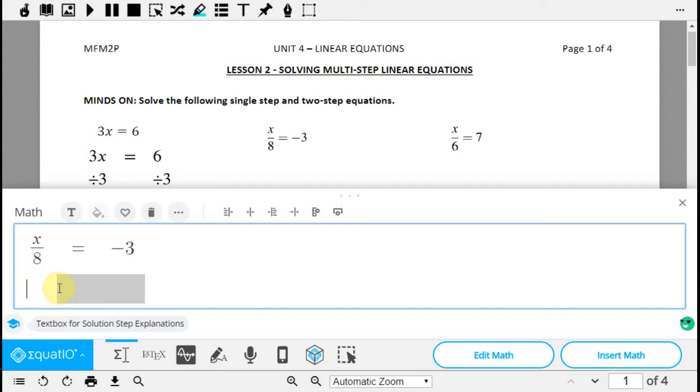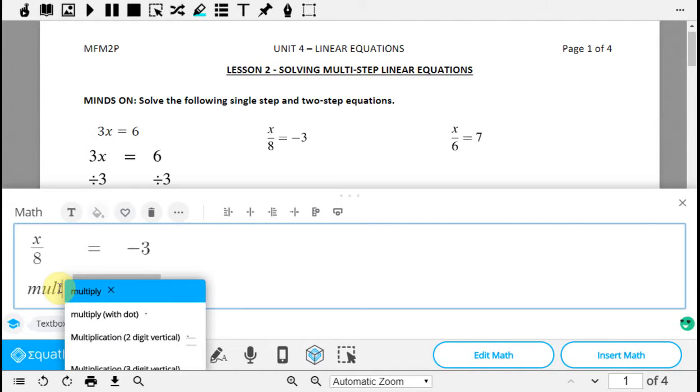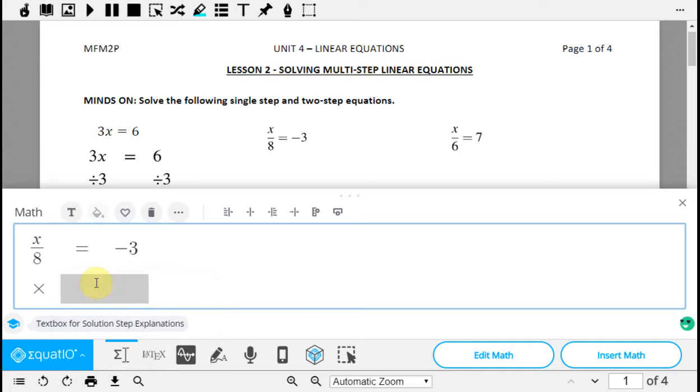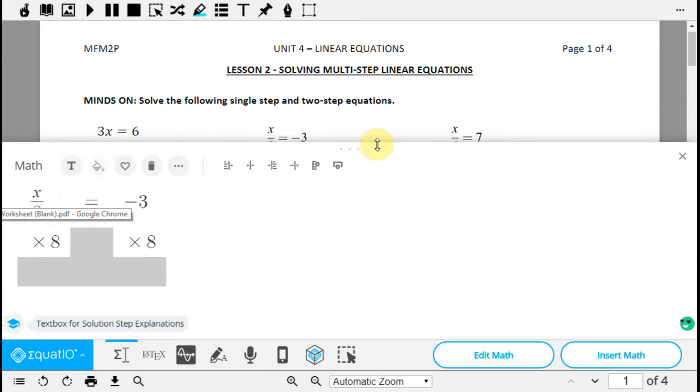Now, when I'm dividing by 8, the opposite is to multiply. Again, I'm trying to get 1x, so start typing multiply to get a multiplication symbol. So we're going to multiply by 8 on both sides. Control C, copy, Control V, paste. If you want to see the whole equation, just scroll up.